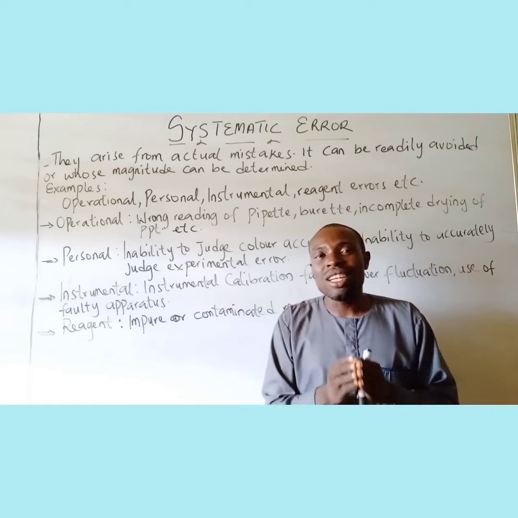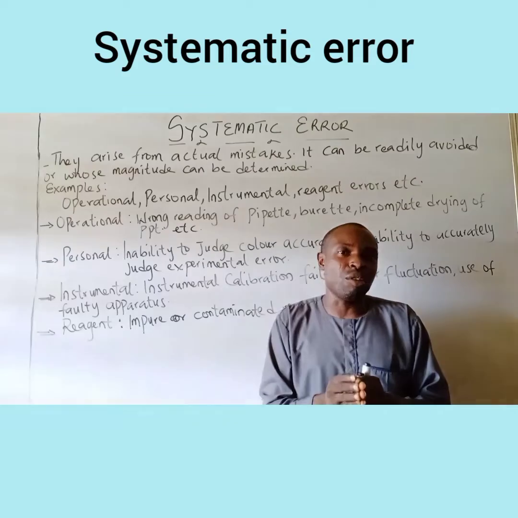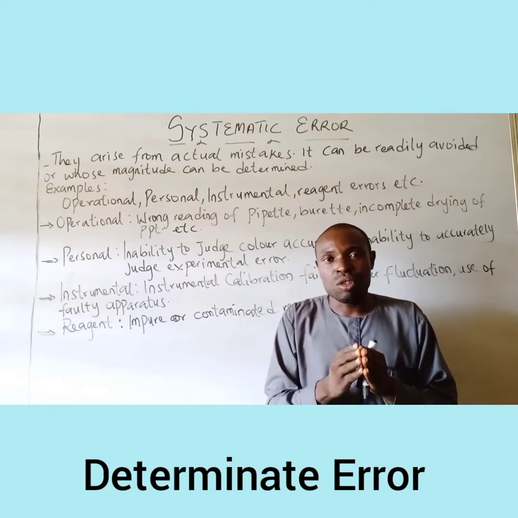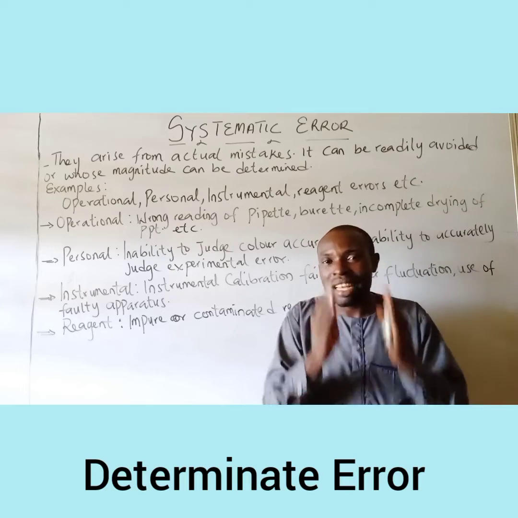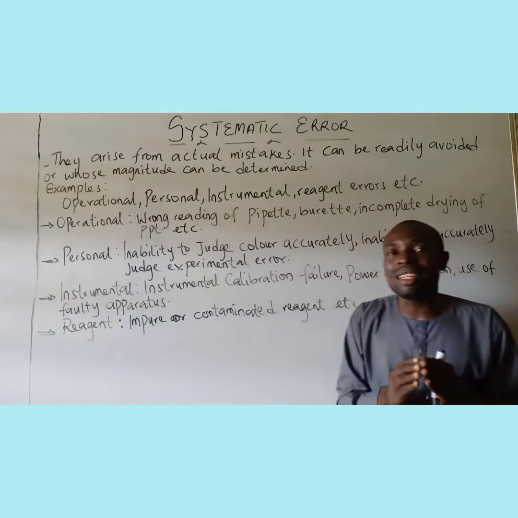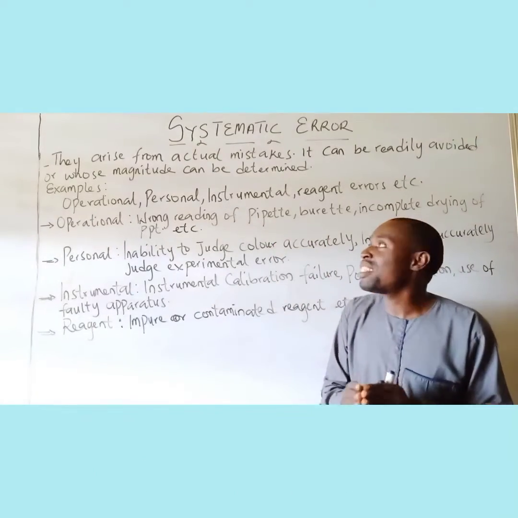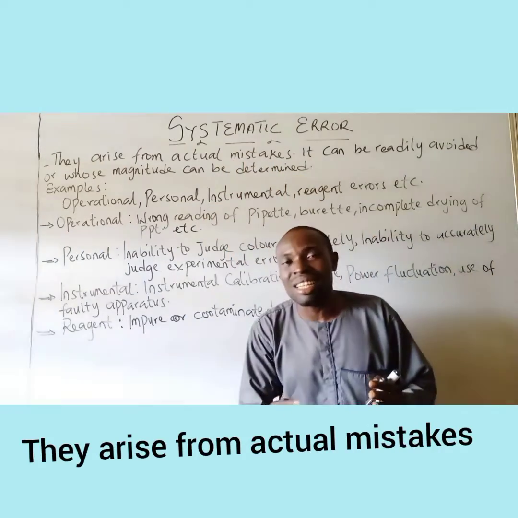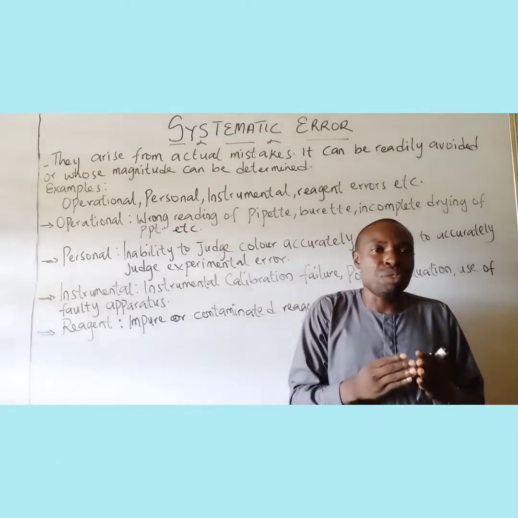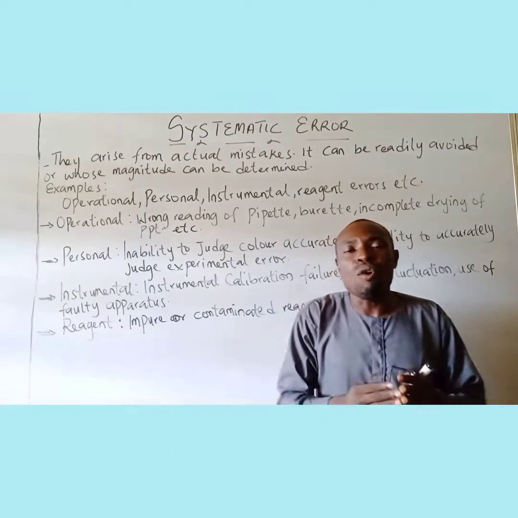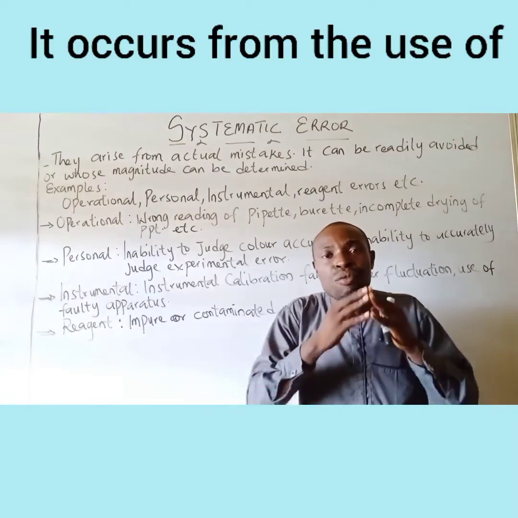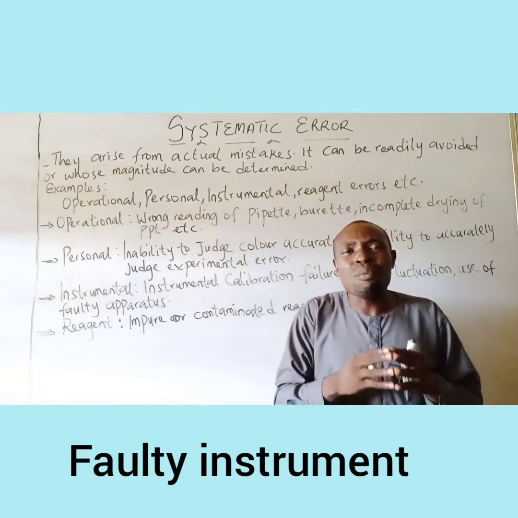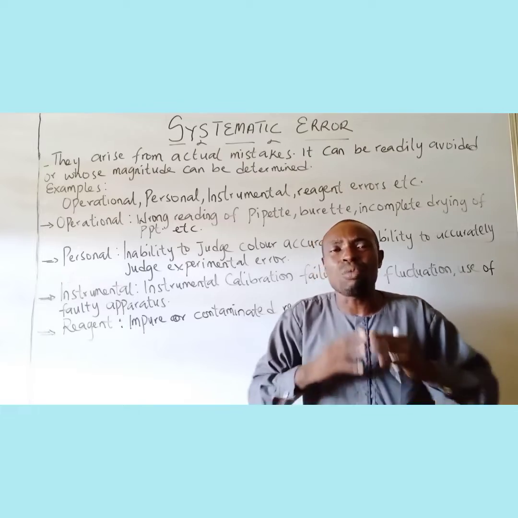Today I'll be teaching you on another type of error called the systematic error, also called the determinate error. Now we should understand that systematic error arises from actual mistakes, and these mistakes can come from the use of a faulty instrument or device, or from the analyst or observer.